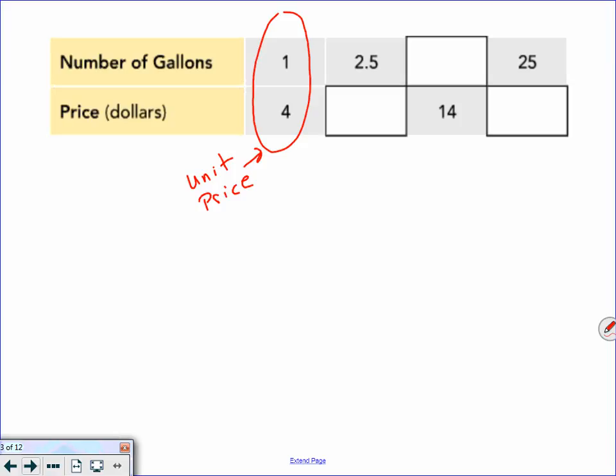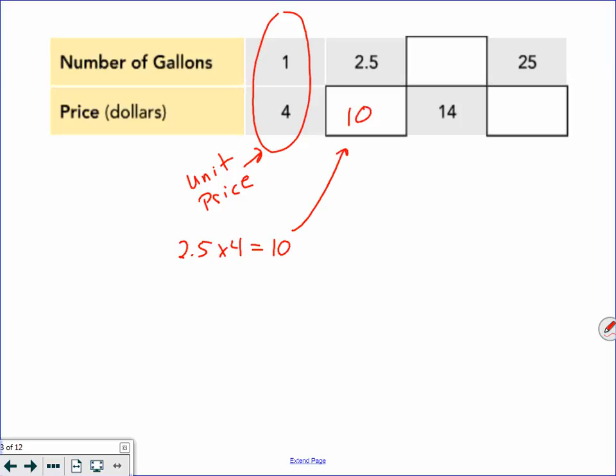So for the 2.5, I just need to take the 2.5 times 4, and that gives me my price for those 2.5 gallons, which comes out to $10.